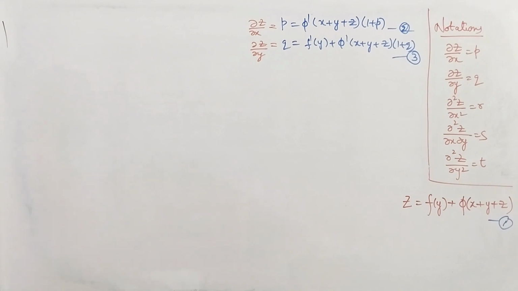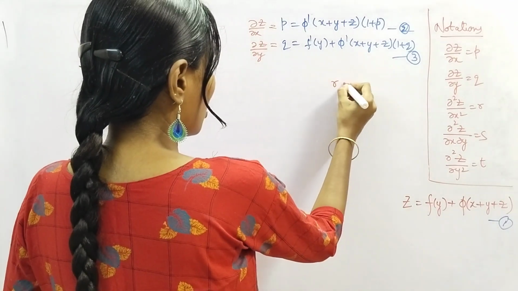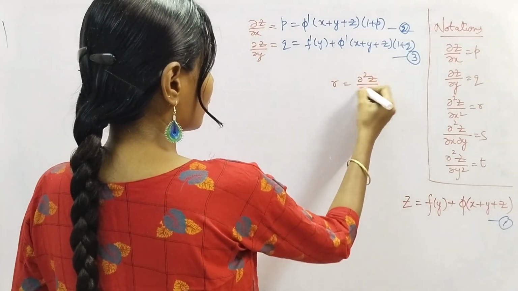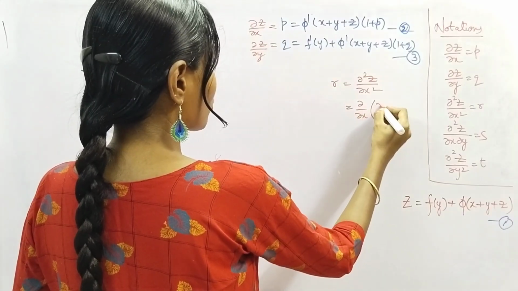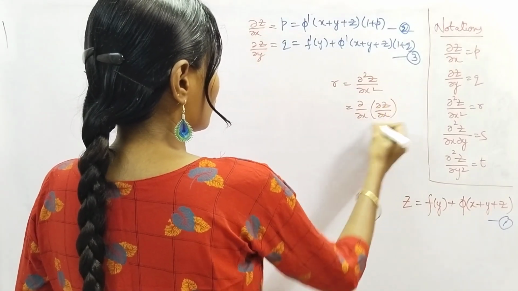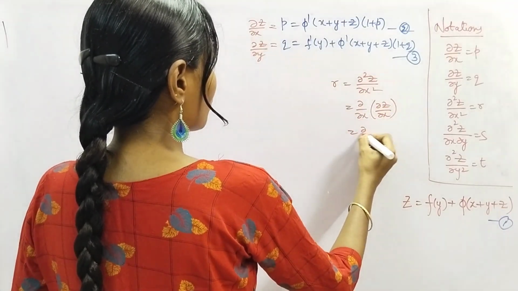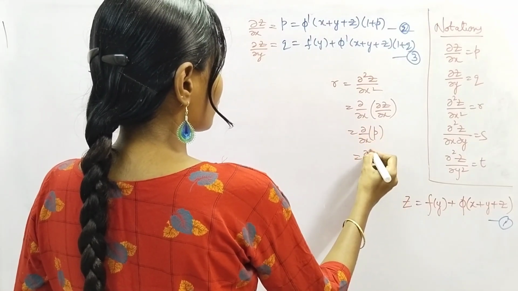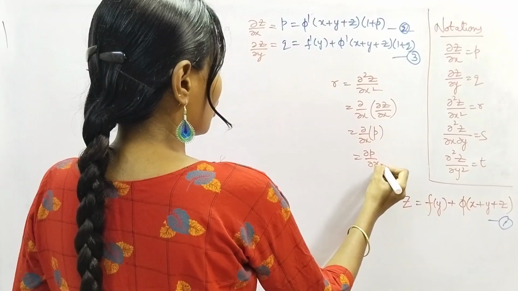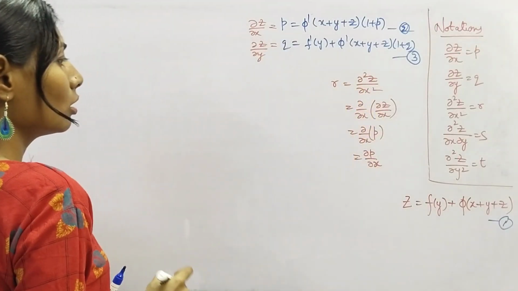Okay, fine. Now, we'll find the equation involving r. R is nothing but dou square z by dou x square. Or we can write this as dou by dou x of dou z by dou x. We know that dou z by dou x can be replaced by the notation p. So partial derivative of p with respect to x gives r, right?